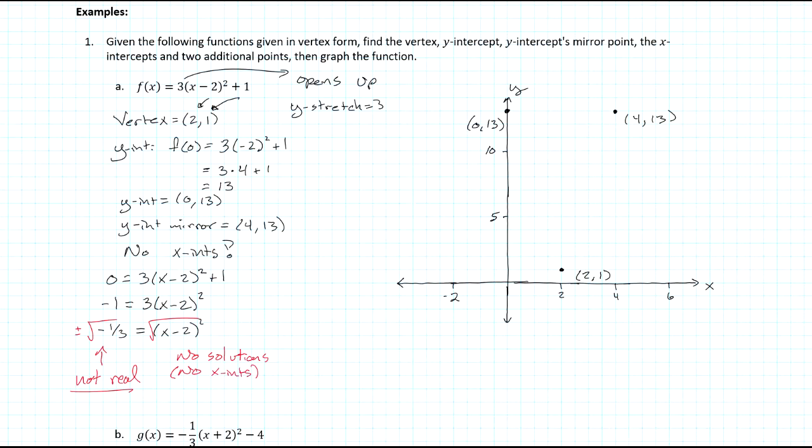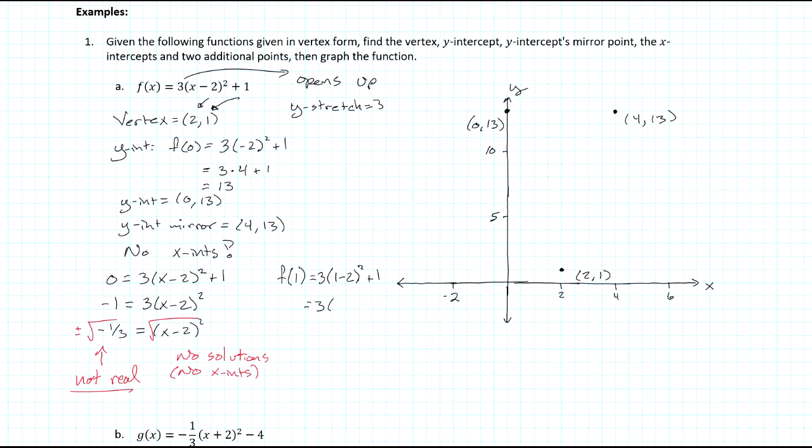All right, it does say to find 2 additional points. So I think I want to plug in like 1. If x is 1, I want to find where the point is between the y-intercept and the vertex to help me clean this up a little bit. So if I do f of 1, plugging in 1 for x, I get 3 times 1 minus 2 squared, and then we'll do a plus 1.